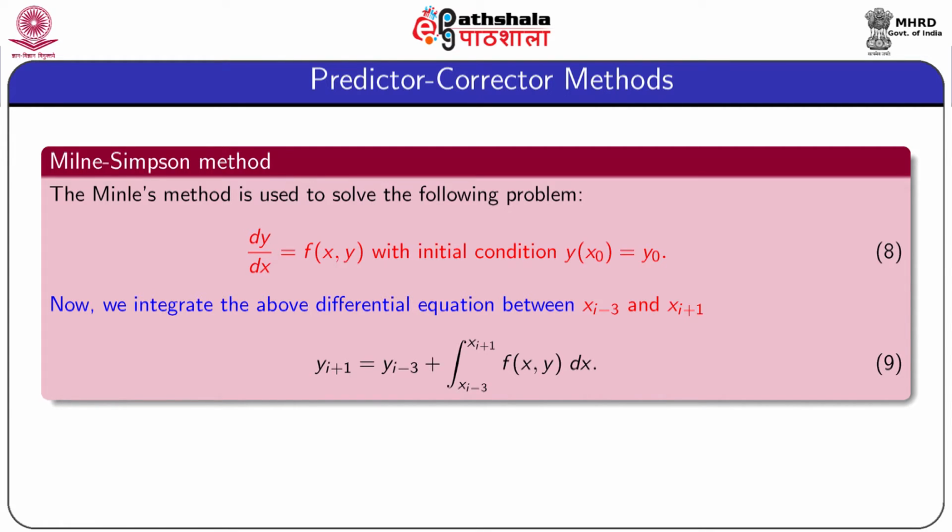Here also observe that the function f(x,y) is not integrable because the variable y is unknown. The function is a given quantity, but y is an unknown quantity, and this is a function of y.